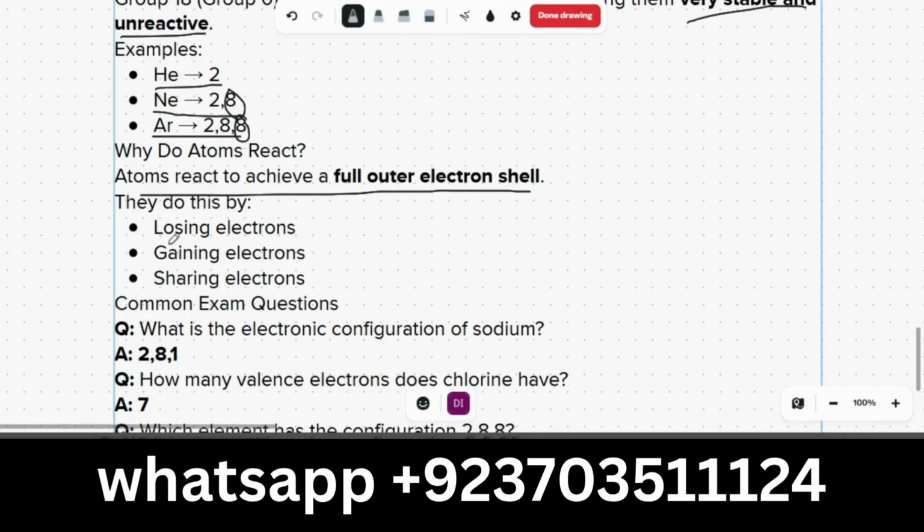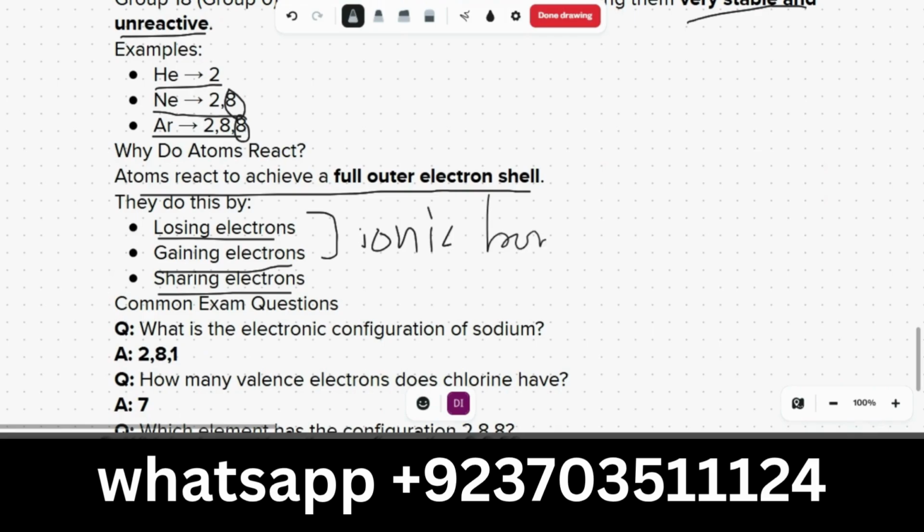So how do they do it? By losing electrons, by gaining electrons, and by sharing electrons. Losing and gaining is ionic bonding. We will discuss that in the next topics. Whereas sharing is covalent bonding.